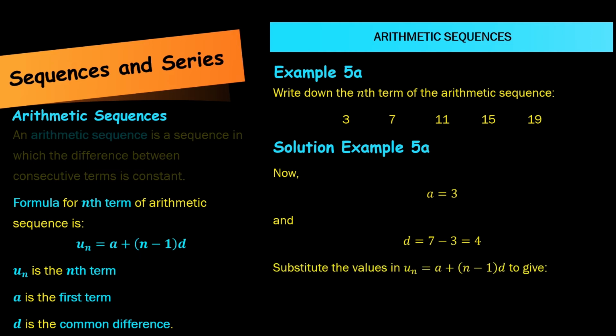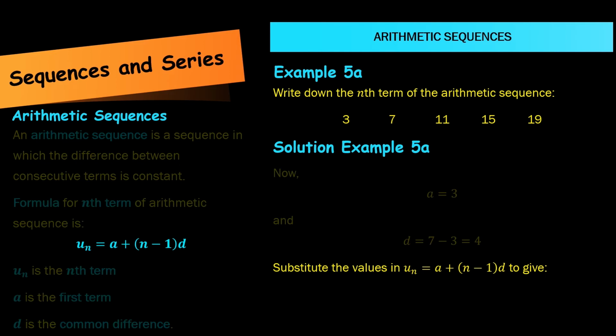We now simply plug in the values into the general formula for u subscript n. Remember that u subscript n is equal to a plus n minus 1 times d.